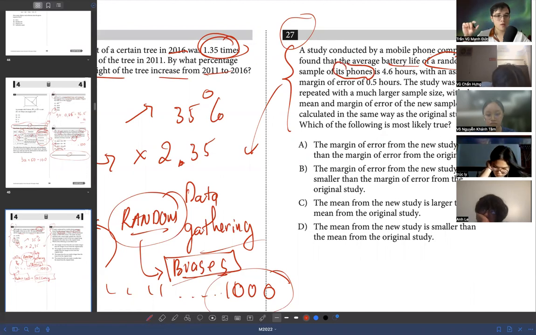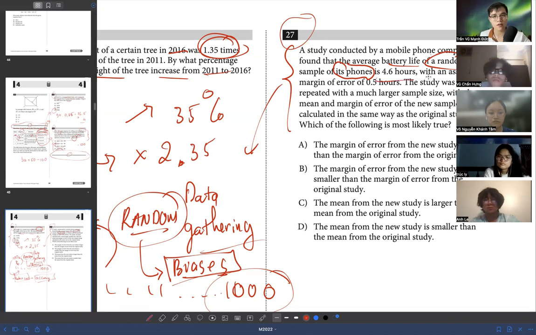Remember that it will only be representative for the superset, for the population, the largest possible population that it picks from. In this case, the largest population is the phones from this specific vendor, from this specific manufacturer. So this is the largest population possible. So this is the largest representation.